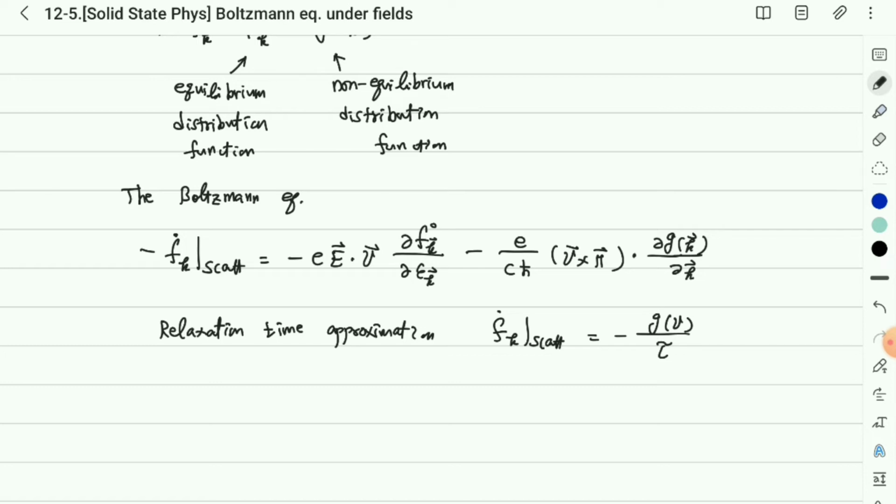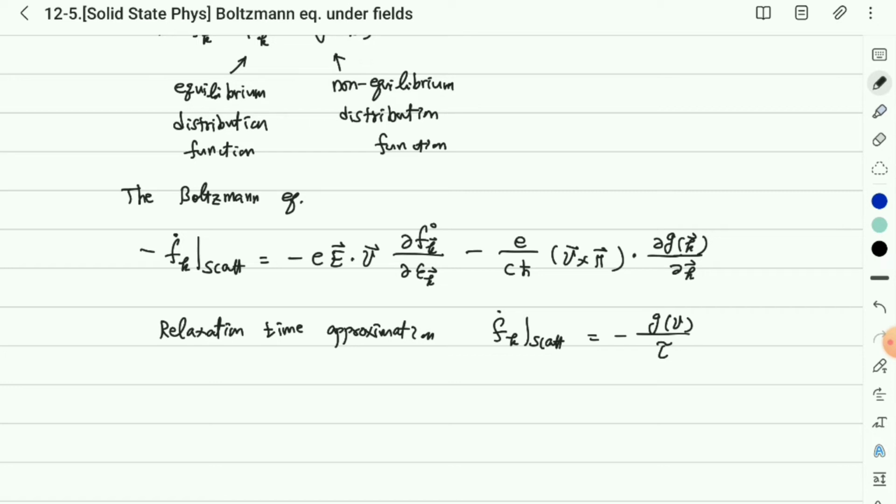But here, we do not know the exact time derivative, but we assume that the time interval of the scattering we set by tau in some cases. Then the tau value can be extracted from the experiment.